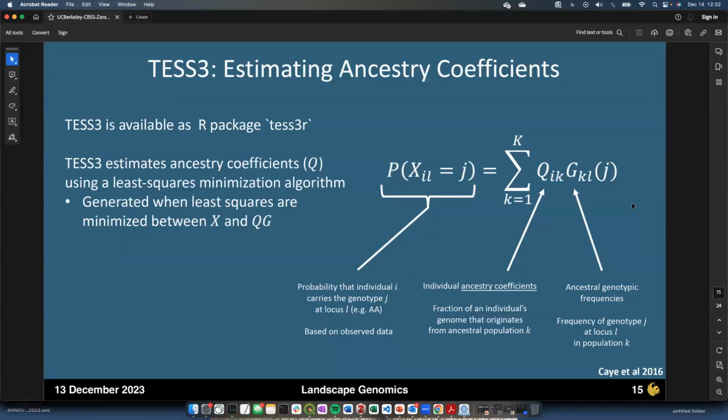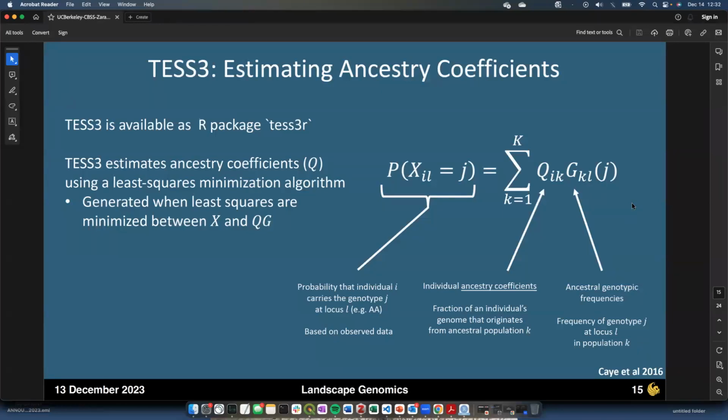What it's trying to do is look at your observed data and factor your matrix of observed data, represented by this X, into two matrices: potential ancestry coefficients, Q, and your potential genotypic frequencies in ancestral populations, G. So you have X equals QG in a nutshell, with X as your observed data, and you want to minimize the error between your observed data and the QG possibilities that TESS generates.